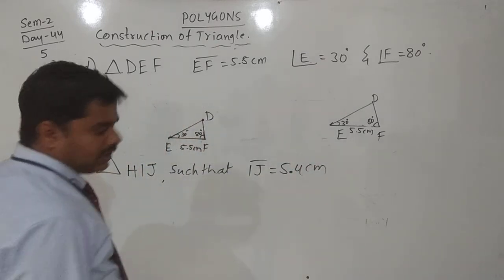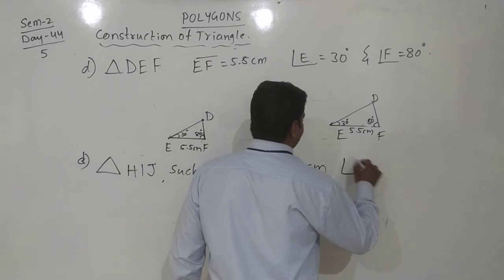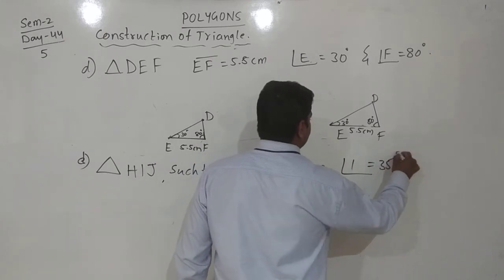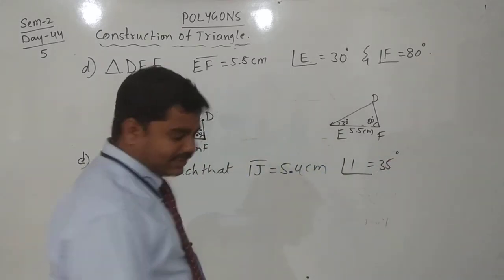Angle I is 35 degree and angle J is 75 degree.